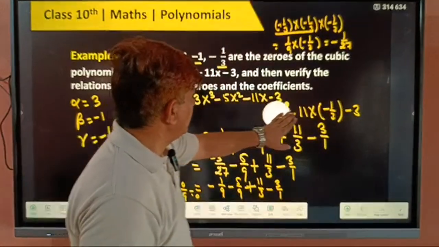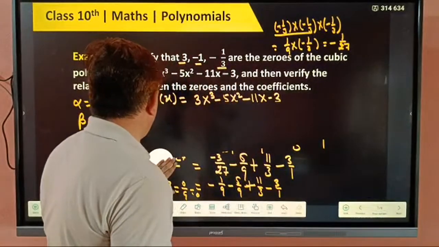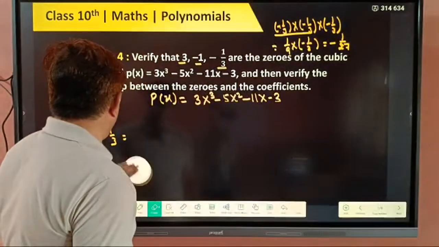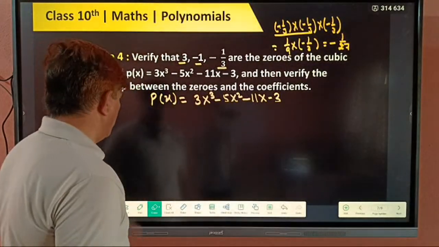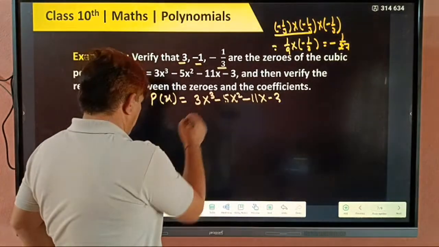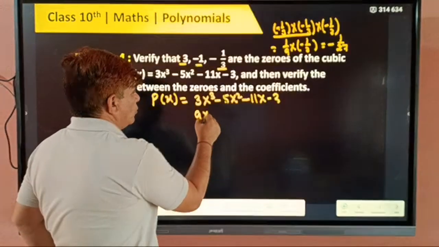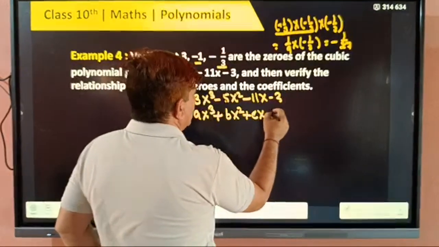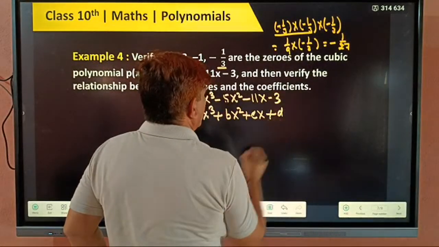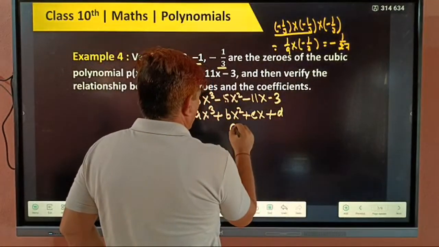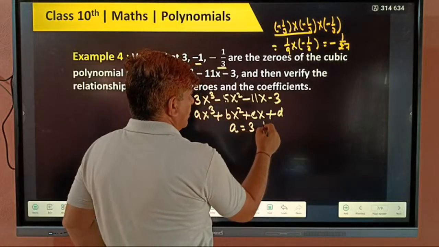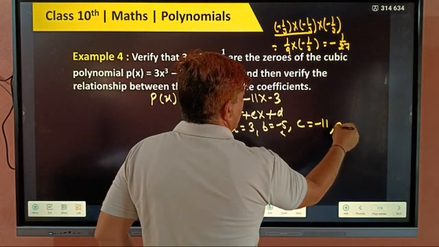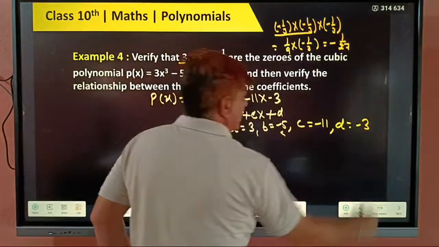Then you have to find the relationship between the zeros and the coefficients of the cubic polynomial. So you can compare this with ax cube plus bx square plus cx plus d. So what's a here? a equal to 3, b equal to minus 5, c equal to minus 11, and d equal to 3.